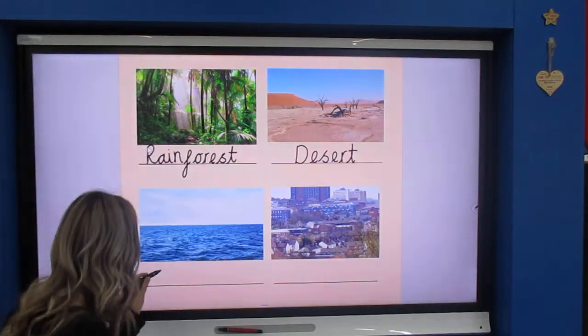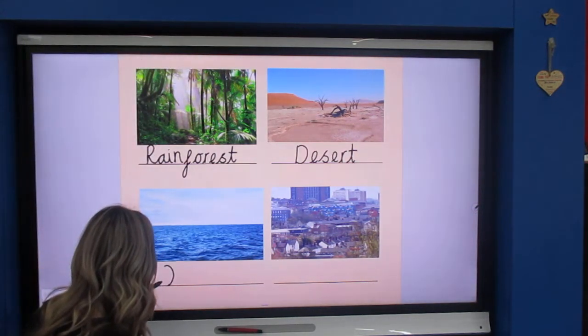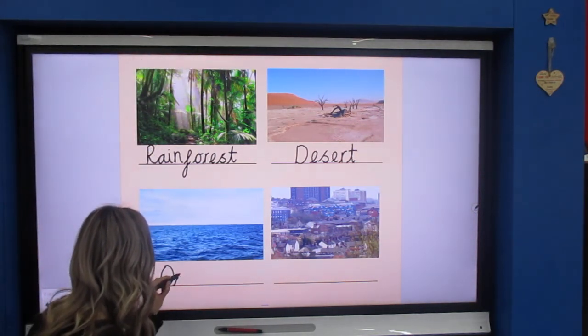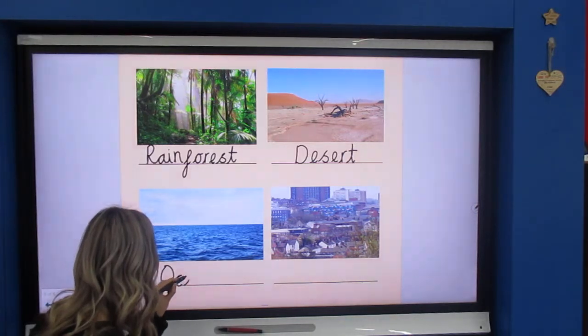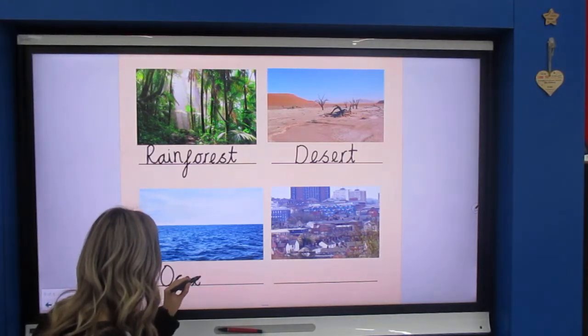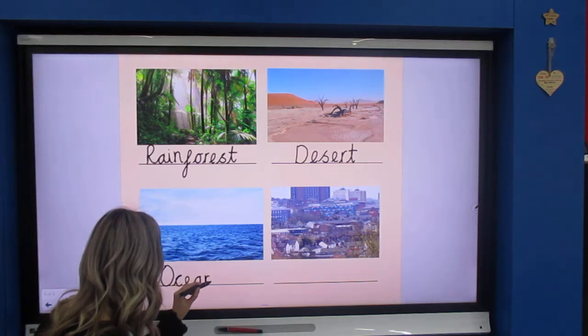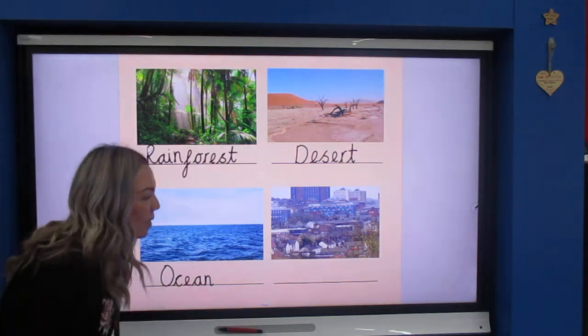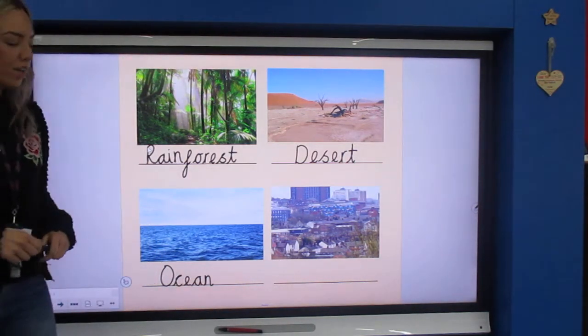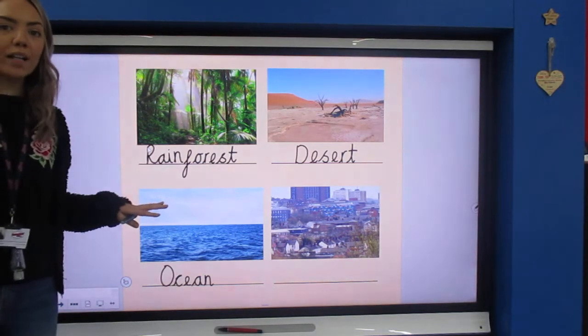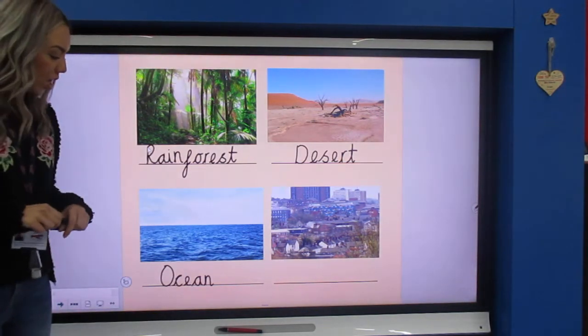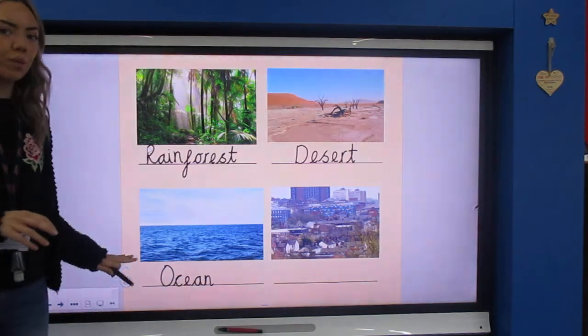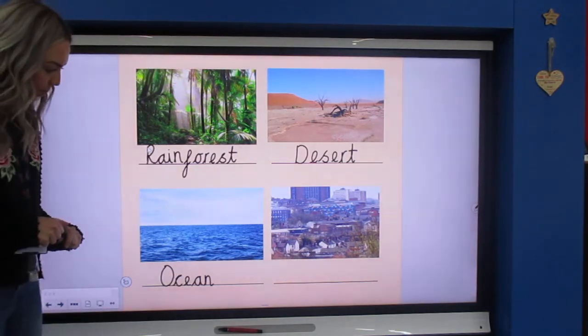Brilliant. And we know that in the ocean, there are lots of different animals, aren't there? Sea creatures, and lots of different species that live in the ocean. And you've also got the coral reef as well. So lots of different things live in the ocean, and we can explore them in our text today.